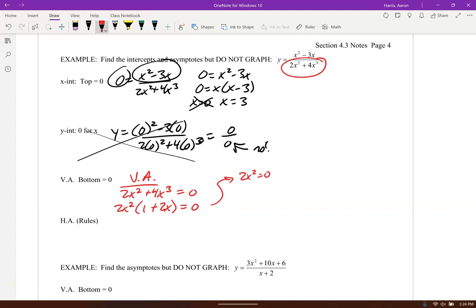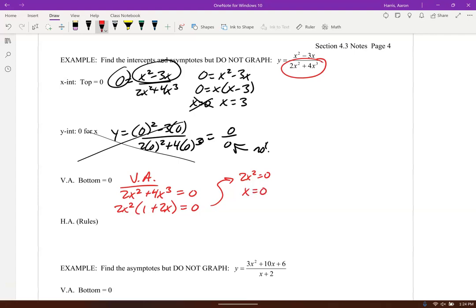So divide by 2, x squared equals 0, take the square root, plus or minus 0. And then this 1 plus 2x factor equals 0. Minus 1, divide by 2. So 0 and negative a half. x equals 0 right down the middle, and x equaling negative a half as well as my other vertical asymptote.